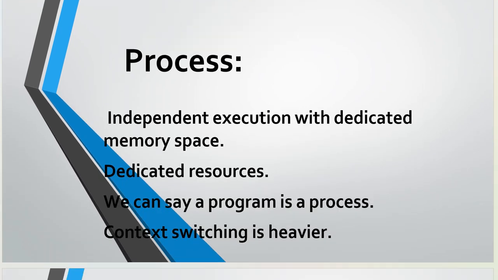What is a process? A process is an independent execution with dedicated memory space. It is an independent execution path with memory space dedicated for the particular thread, and it will also use dedicated resources.